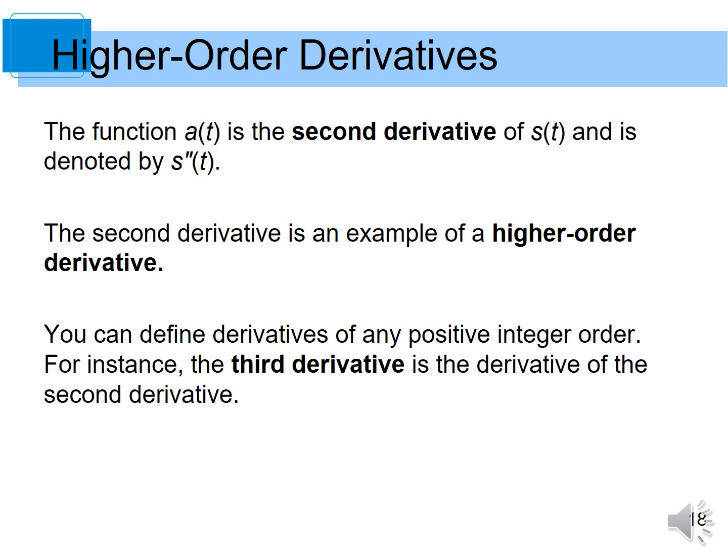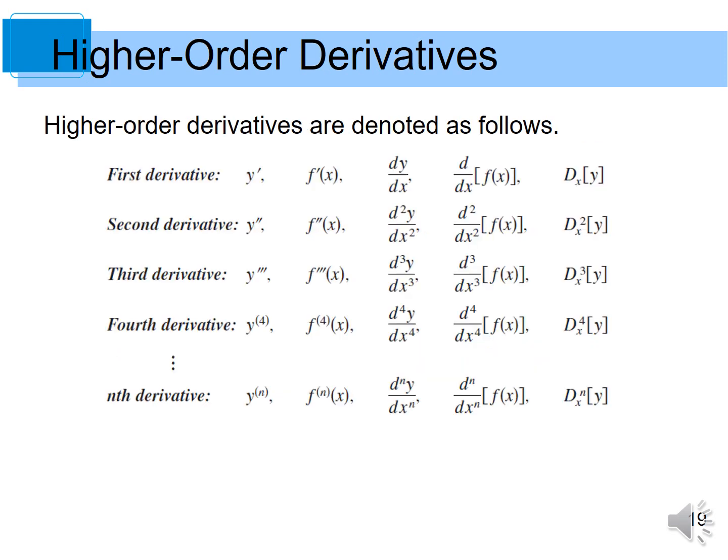For example, the third derivative is the derivative of the second derivative. The notations of higher order derivatives are listed here. For example, we can use y prime, or f prime x, or dy/dx, differentiate f(x) with respect to x, or we can use the capital letter D to represent differentiate y with respect to x.